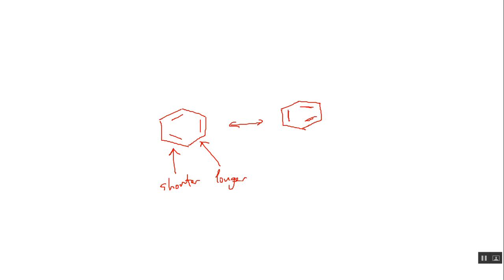So, according to the resonance theory, this structure and this structure are canonical structures. Canonical structures. All right. And the real structure is a hybrid between these canonical structures. All right.